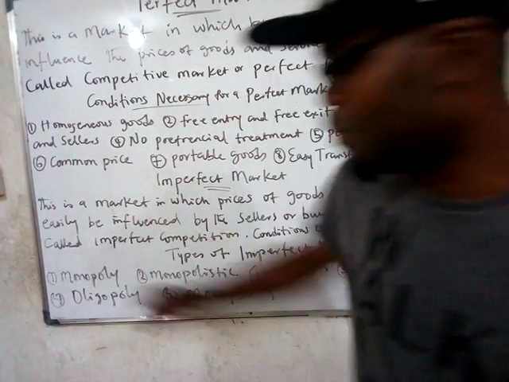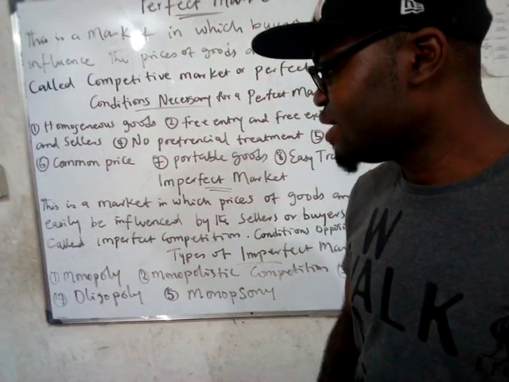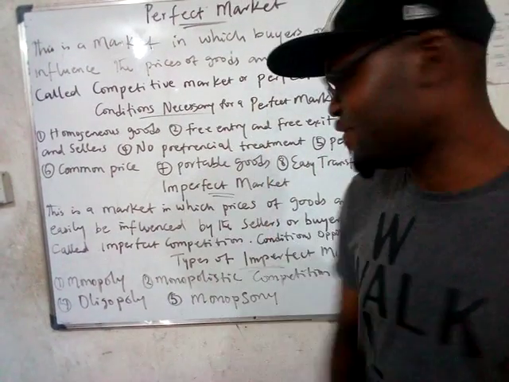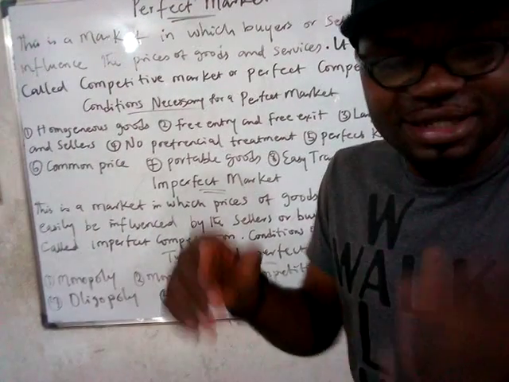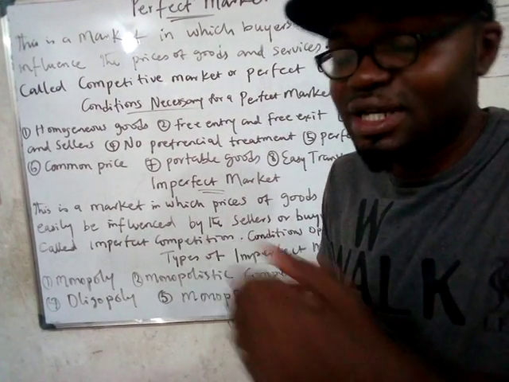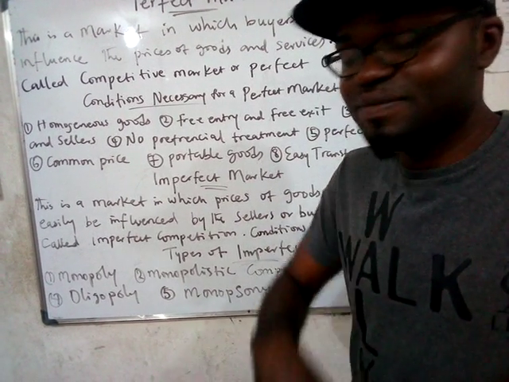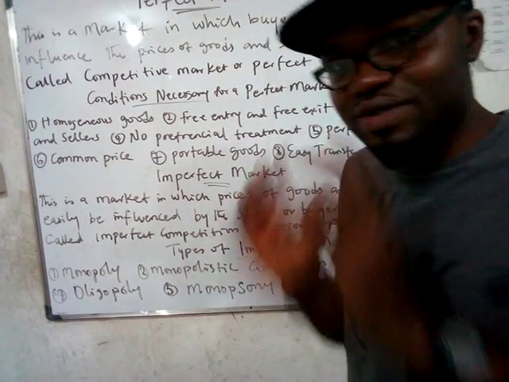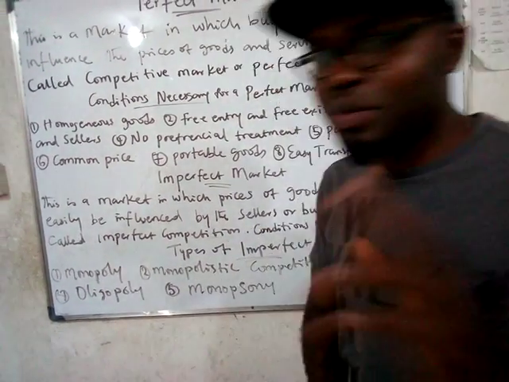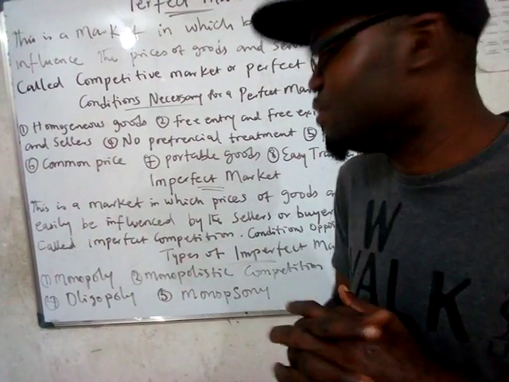When you talk about monopoly, you're talking about an imperfect market where there is only one seller of a commodity. So that one seller, since I'm the only person selling wristwatch, I can wake up one day and decide that the price of wristwatch is 20,000, 30,000, and nobody can say anything, because it's only me that is selling it. So such a thing we call monopoly. Monopoly is not encouraged because it makes people start doing anyhow they want.